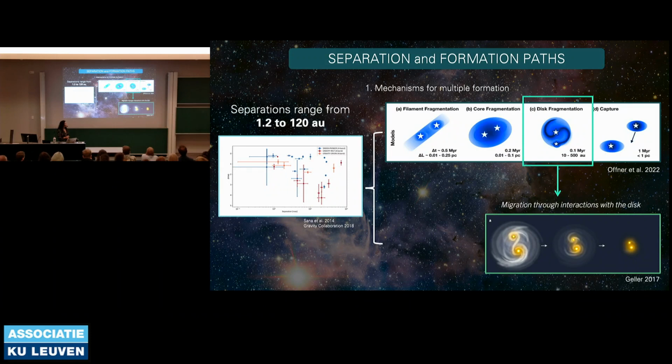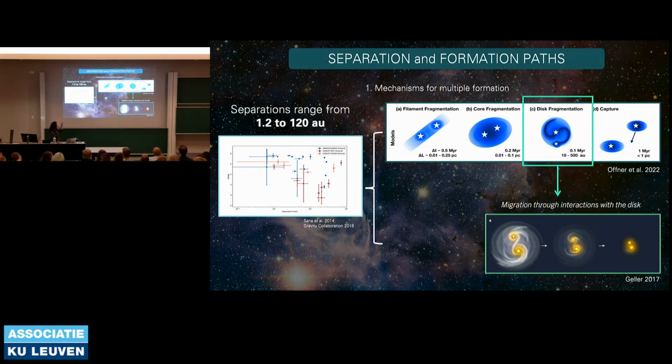And we know that disk fragmentation is also a good framework to set up the migration. Disks around massive stars can be very massive, and they can extend to 4,000, 5,000 AU. I think 5,000 AU is the farthest evidence that we have from observations.